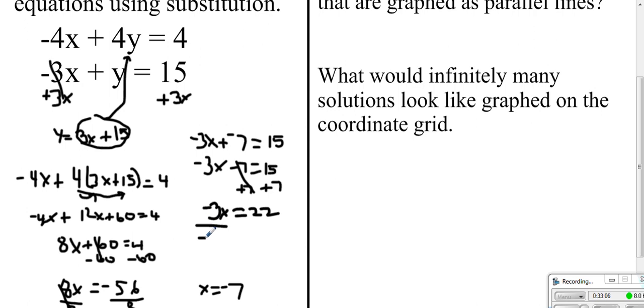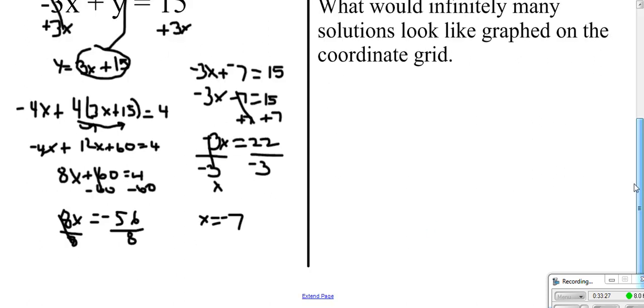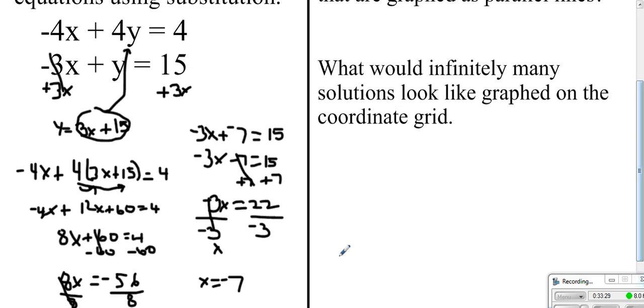Divide by negative 3. Divide by negative 3. X equals, I'm sorry. I messed up. Take a look at what I did. Solve for x. And I substituted the x in for y. And that's why it wasn't coming out right.